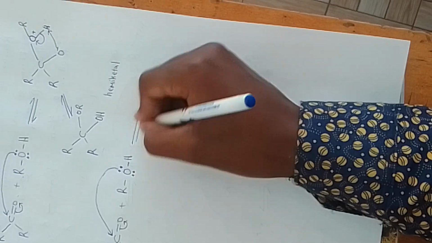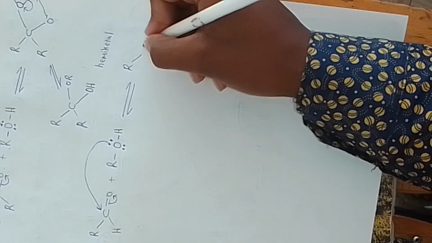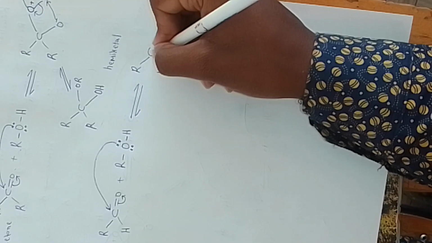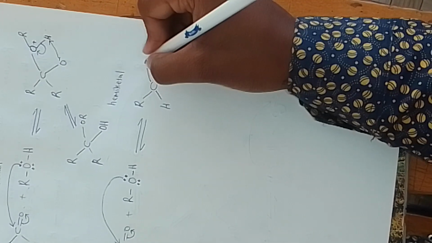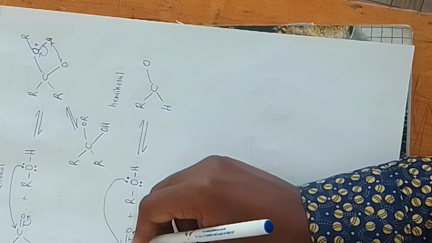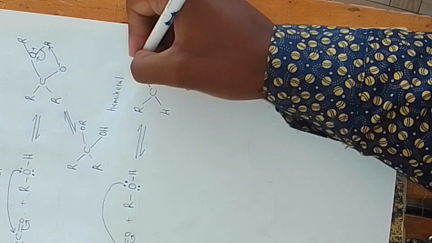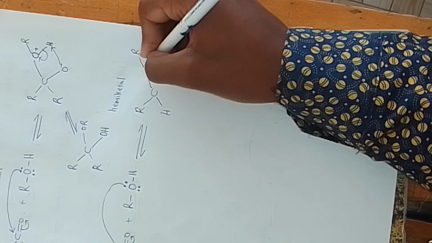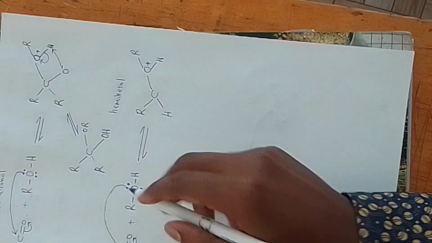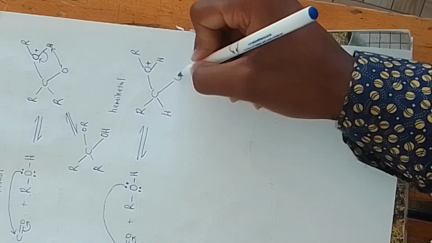The process continues and it's the same process, so it will rearrange itself like this. This oxygen is combined with hydrogen and an alkyl group, and this oxygen has insufficient electrons because the two electrons were used for attacking, and this oxygen will be having enough electrons.